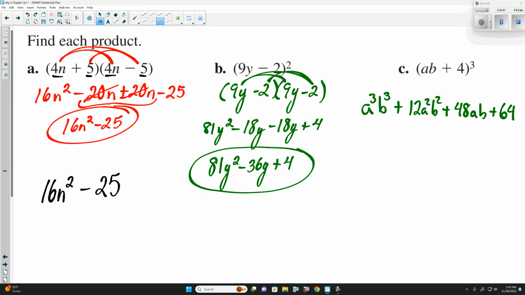As you multiply by itself. I mean, AB is a term because we could say that it's AB whole thing cubed, but A cubed B cubed is also the same thing.